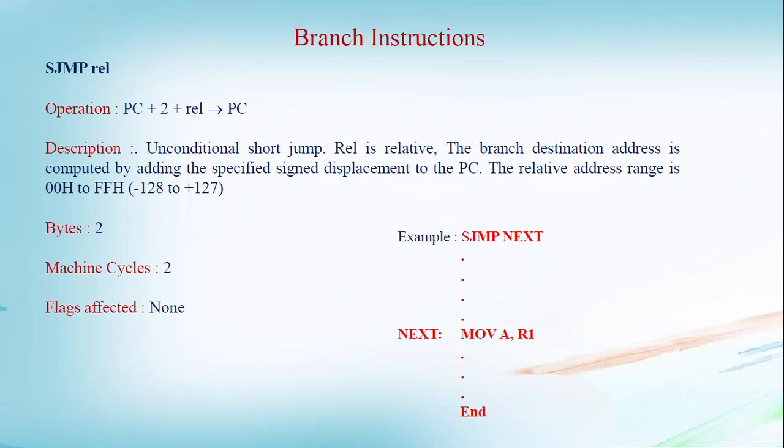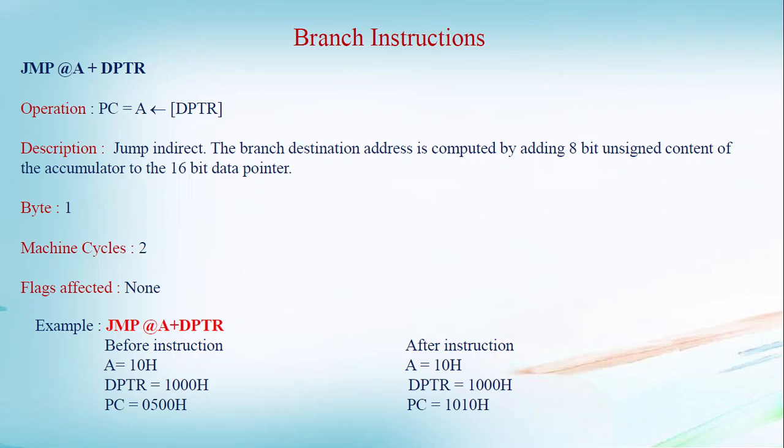It requires 2 bytes and takes 2 machine cycles. Example, SJMP NEXT. When the instruction is executed, the program counter is incremented by 2 bytes plus the address, and the updated program counter will jump to that destination address.